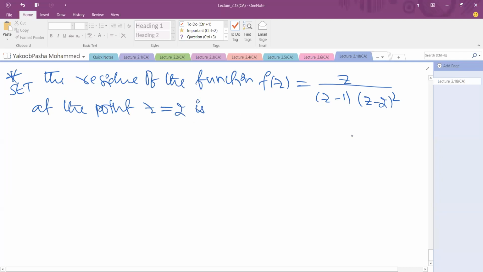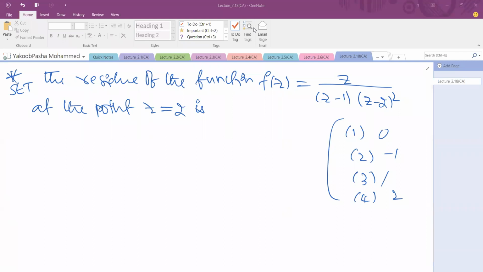We have options here. First option 0, second option -1, third option 1, fourth option. So we can calculate residue only at z equal to 2.